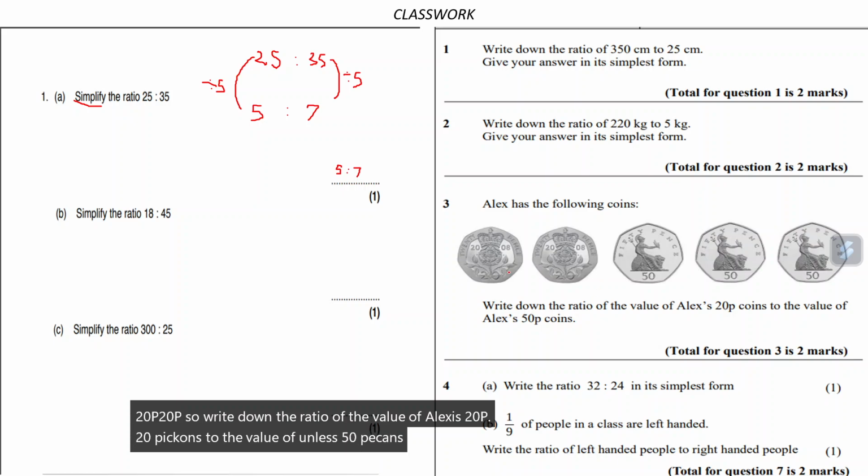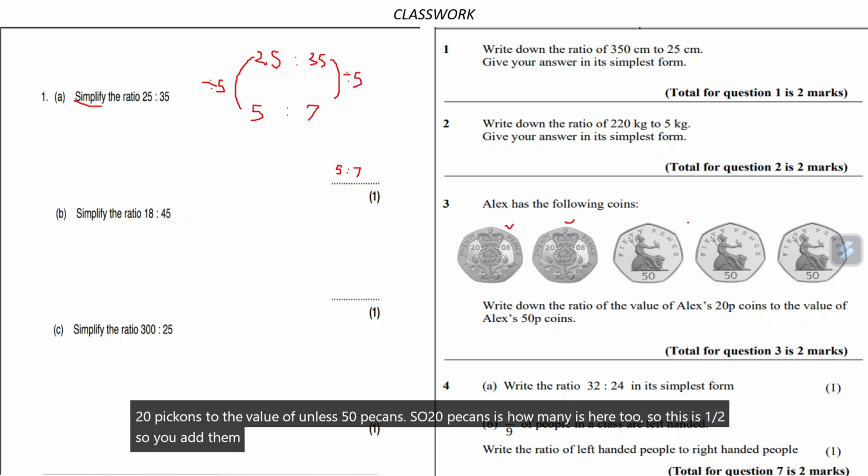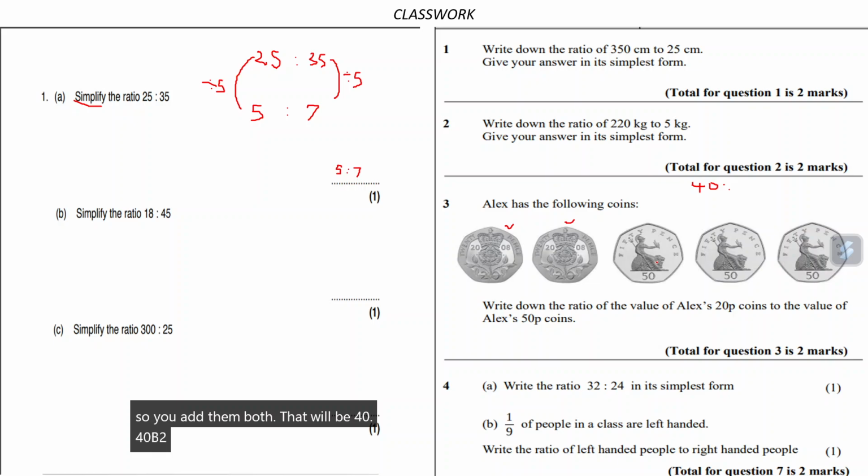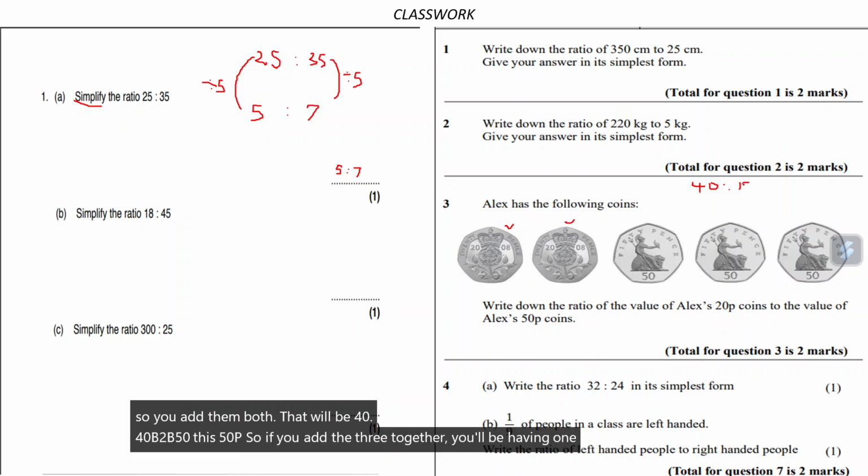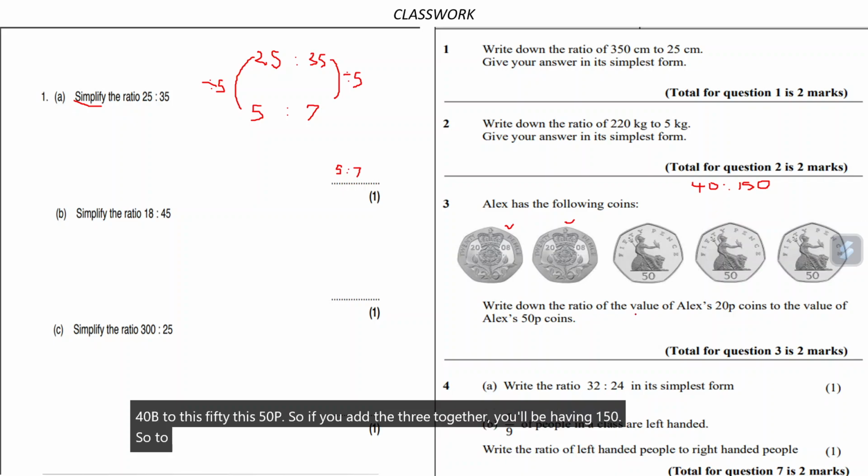The 20p coins, how many are here? 2. So this is 1, 2. You add them both, that would be 40p. Then this 50p and this 15p. If you add the three together, you'll have 150. So to do this, write down the ratio of the value of Alex's 20p coins to the rest.